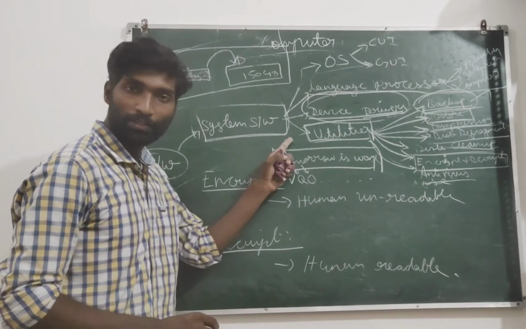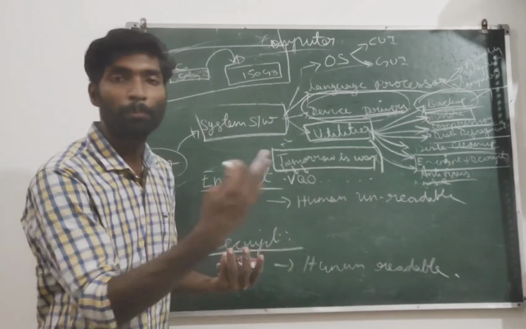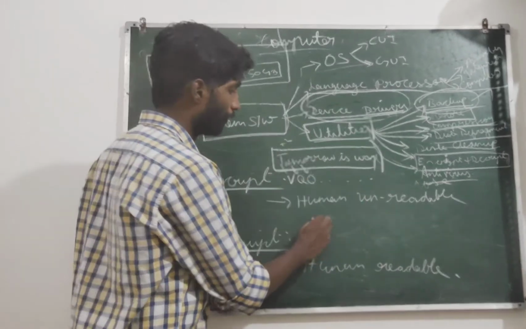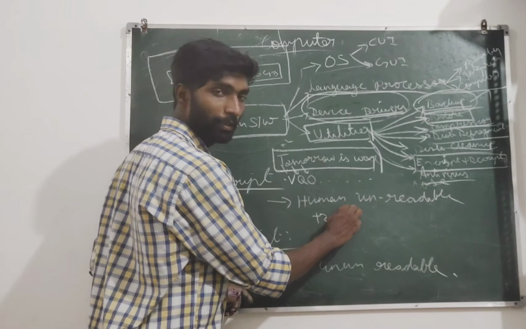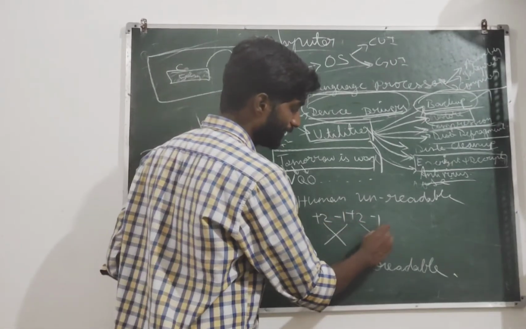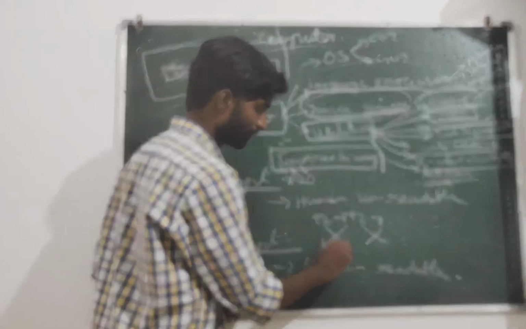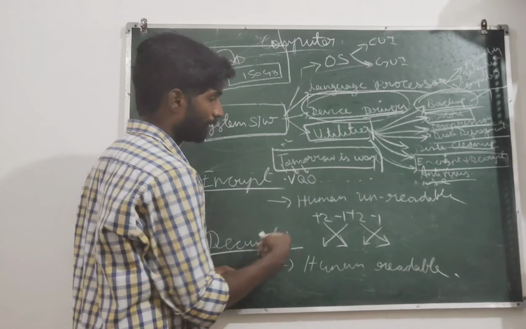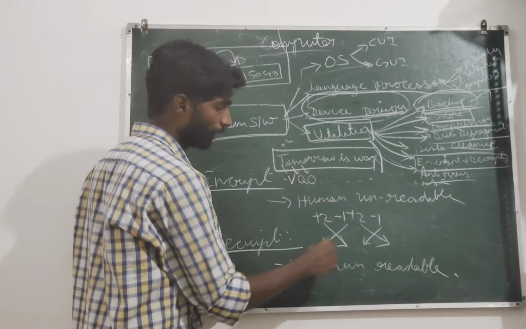So they will write +2 or -1, or +2 and another -1. Means one letter will come as +2, another letter as -1, +2, -1, or there will be many different ways like this also. For example, the second letter is Q, right?